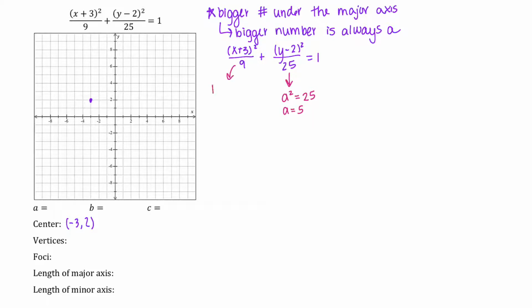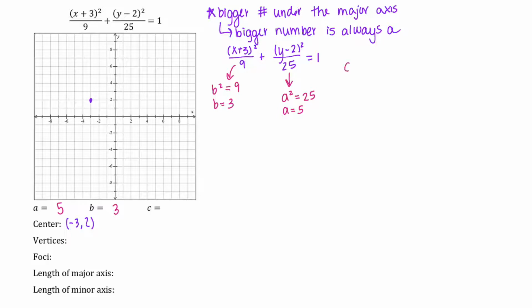Here, b squared, because it's the smaller number, right? The smaller number is 9, the bigger number is 25. So the smaller number is b squared. So b squared is equal to 9, which means b is equal to 3. So I have 5, 3, and then to find c, we need to use a and b together.